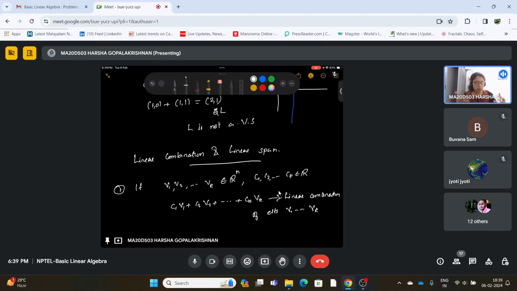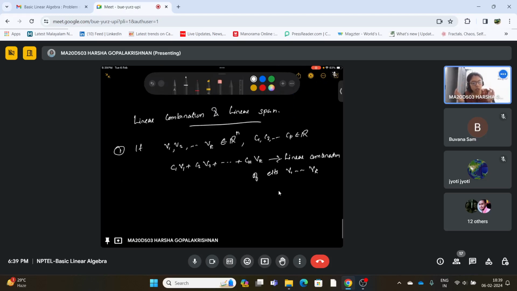All the possibilities are called linear combinations. And if we collect all the linear combinations, the corresponding set we obtain is called the linear span.